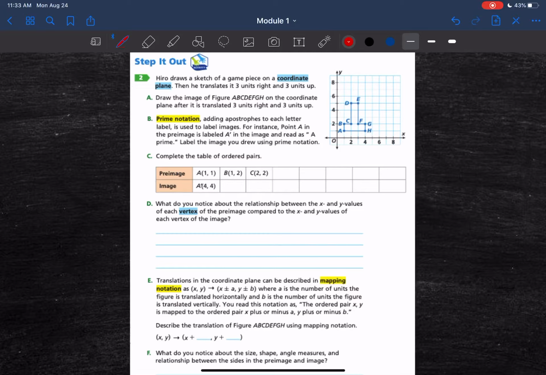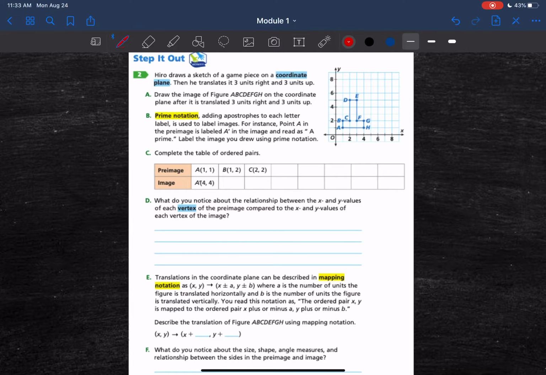So our pre-image coordinate for A is found at 1, 1, which is right here. The image, after it's translated 3 to the right, 1, 2, 3 to the right, and 3 up, puts A prime at 4, 4.